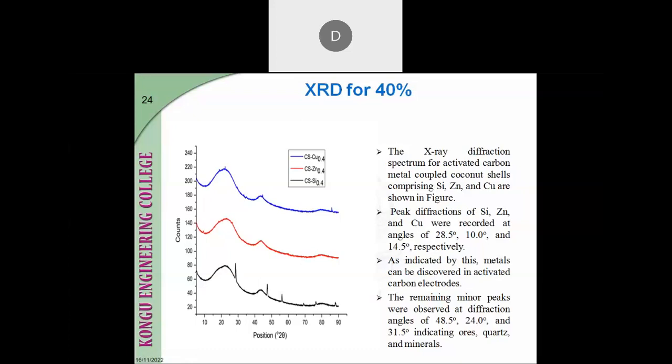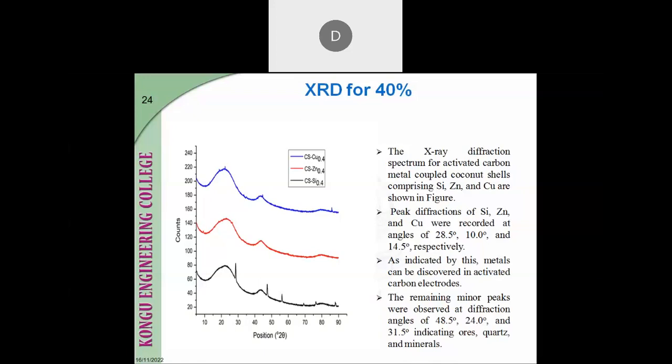All these peaks represent the metal content in the activated carbon electrodes, which consist of CS Si 0.4, and also the presence of zinc and copper, a combination of CS copper, CS zinc, and CS Si, based on the results.